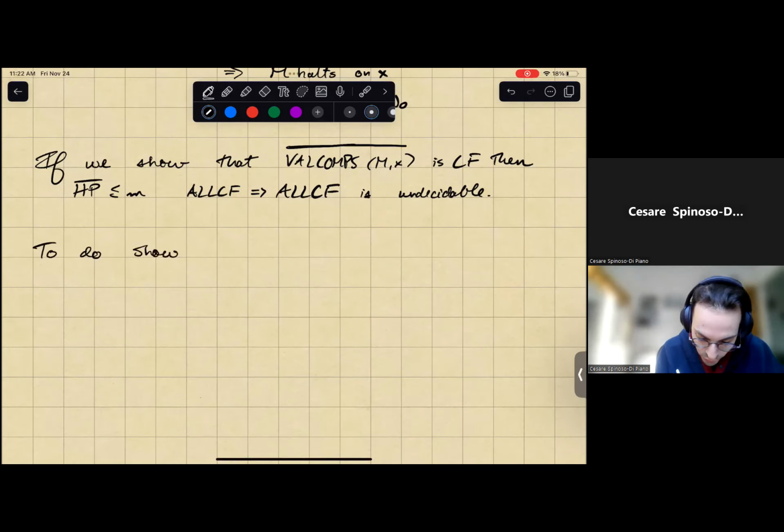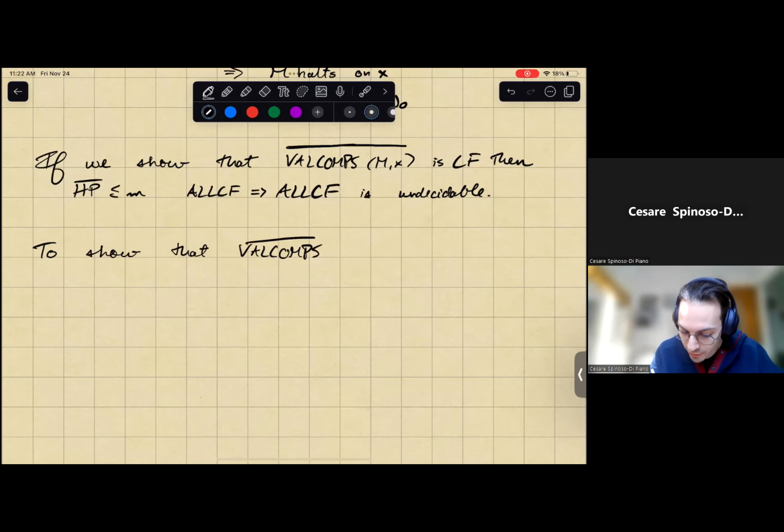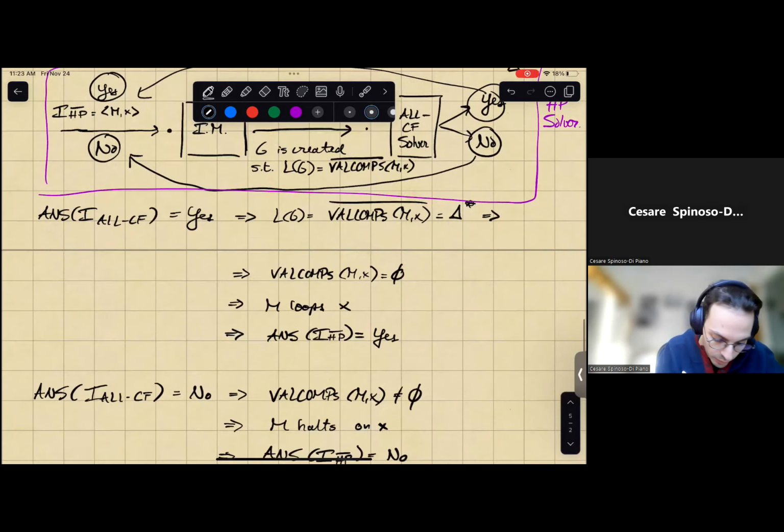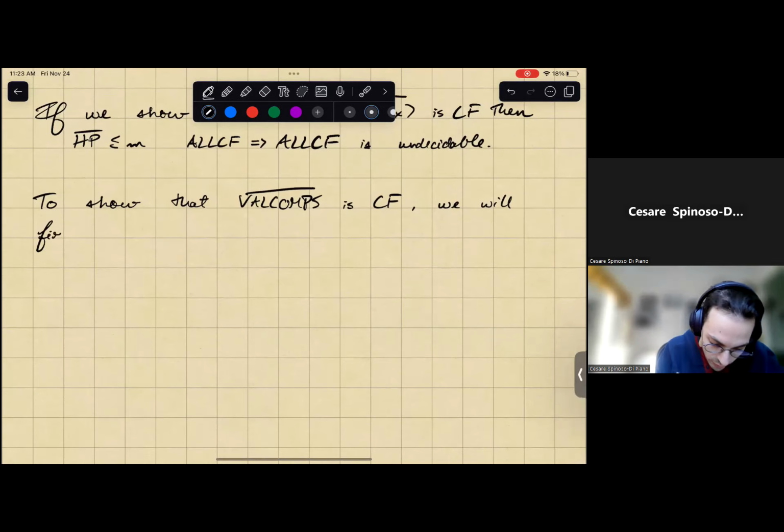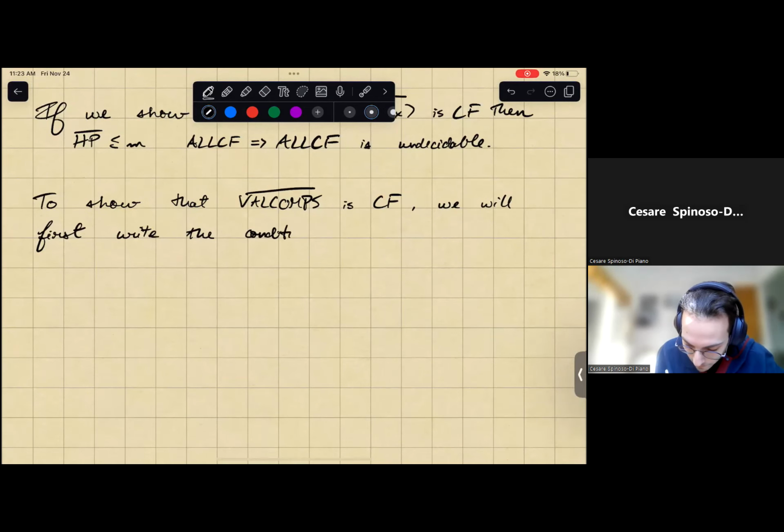To show that Balcom's complement is context-free, we will first write the conditions for a string alpha in delta star to be in the Balcom's, so the original uncomplemented Balcom's.